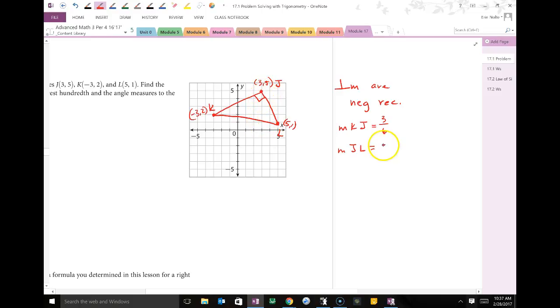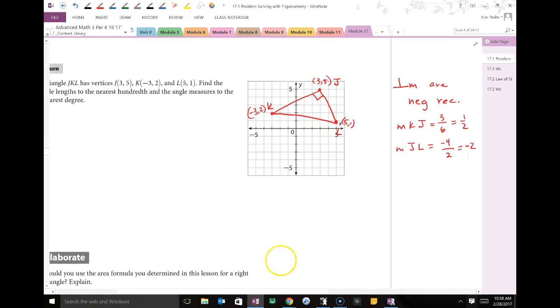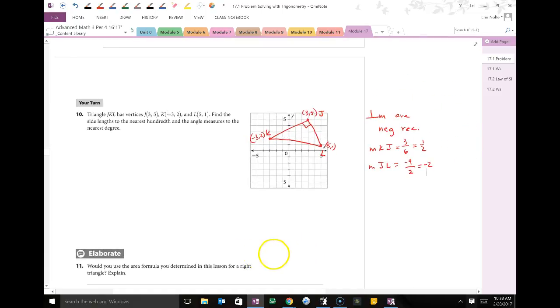Down 4, negative 4, over 2. So 3/6 is 1/2. I should have reduced that before. And then this would be negative 2. So are they perpendicular slopes? They are. Okay? So with that in mind, we know that we can use our Pythagorean theorem and SOHCAHTOA. If we didn't know that for sure, we couldn't use those two theorems. Okay. So now we know we have a right triangle.